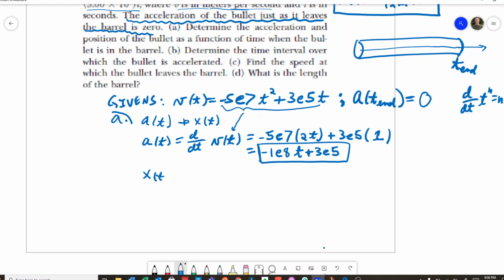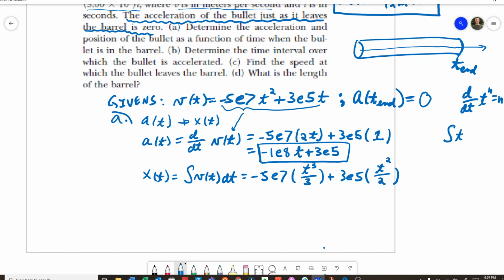Now let's get the position as a function of time. So the position as a function of time is going to come from taking an integral over the velocity. So now I'm going to have an integral over this. So I'll have minus 5e7 times the integral of t squared, so that would be t to the third over 3, plus 3e5 times the integral of t, which would be t squared over 2, right?